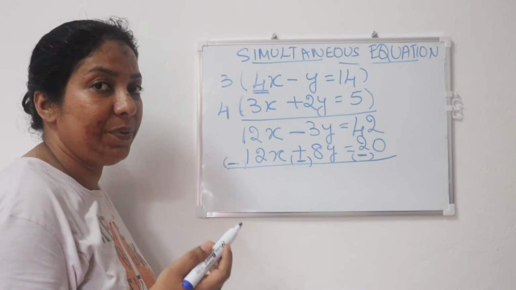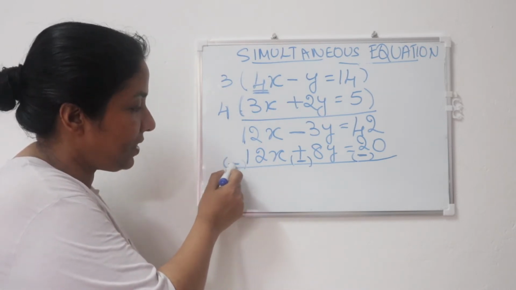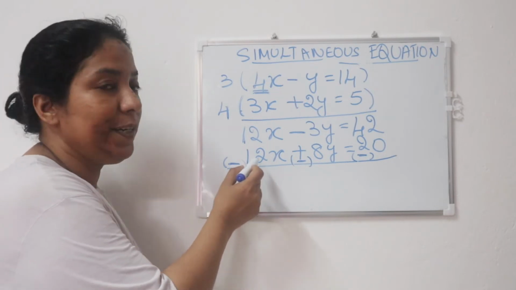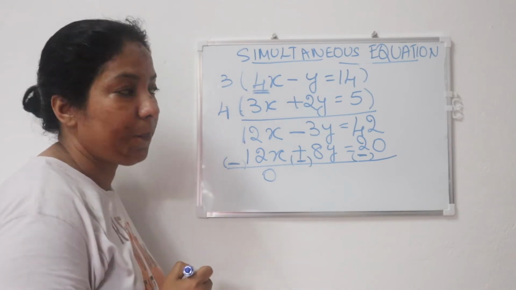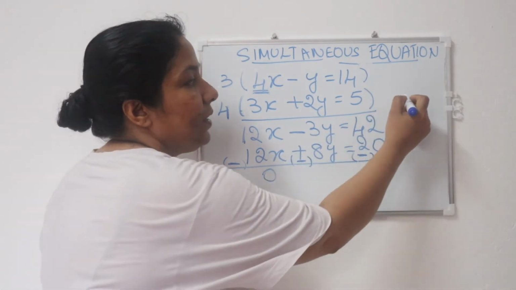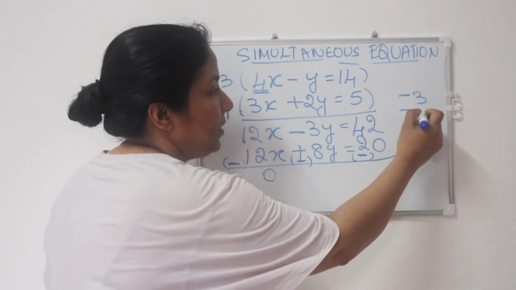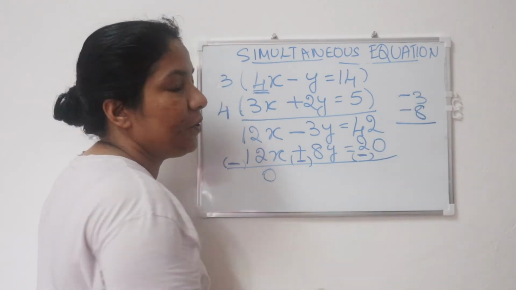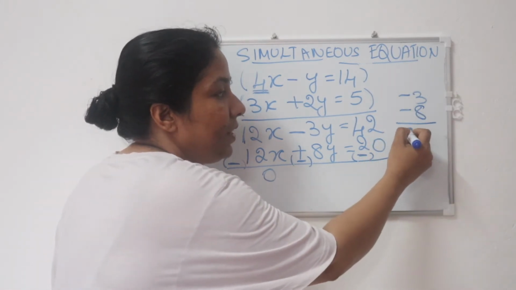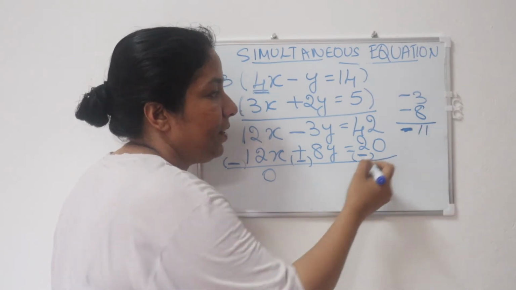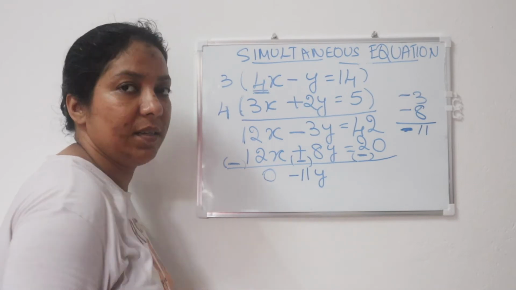Then when you are solving this, we have to consider the second sign. Okay, let us subtract. Here plus 12 and negative 12 will become 0. Negative 3, when you subtract negative 8, negative and negative, same sign, means you have to add with the negative sign, negative 11. So this will become negative 11y.